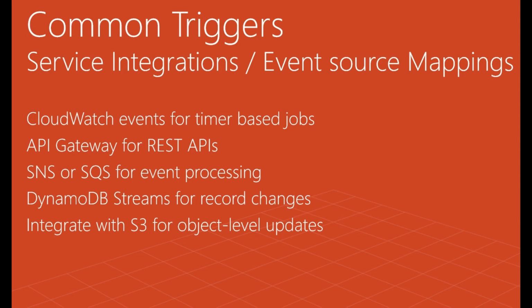And also database operations can be some use cases for these triggers, executing lambda functions in response to changes in data stored in DynamoDB or RDS databases and things like that.